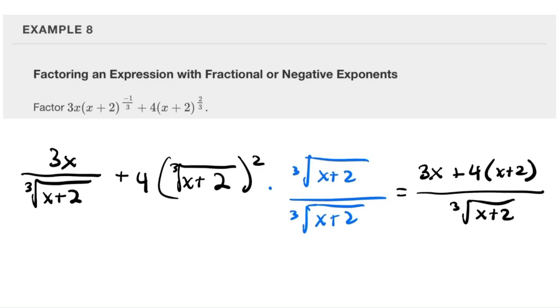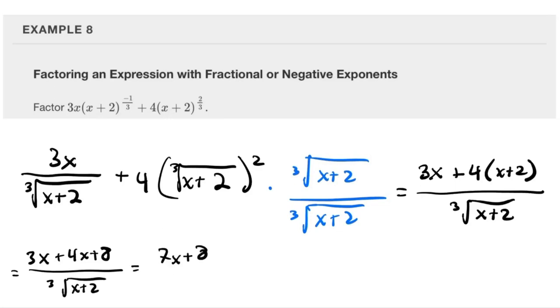Now, this is just how I'm seeing it. We'll see in just a moment the way the book does it. So let me see. We got 3x plus 4x plus 8 over the cube root of x plus 2. So then it looks like we have 7x plus 8 over cube root of x plus 2. Now, usually we don't leave radicals in the denominator.